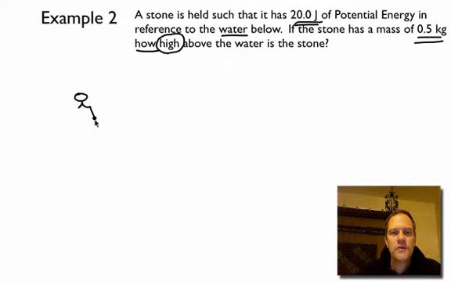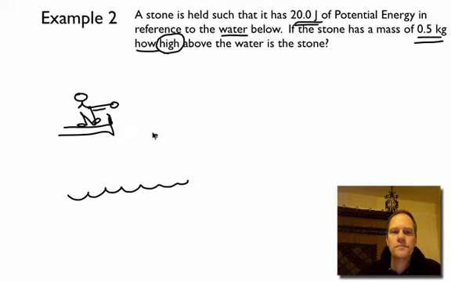If we draw a little person holding this stone out, maybe he's on some sort of bridge, and here's the water below, we're looking for this height.